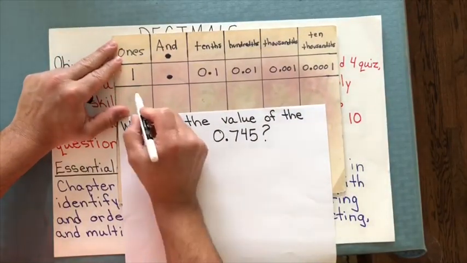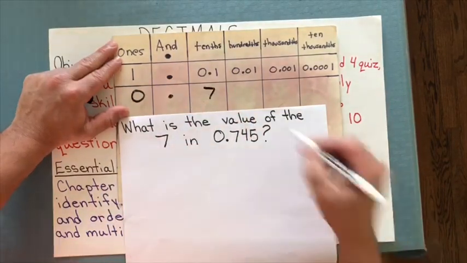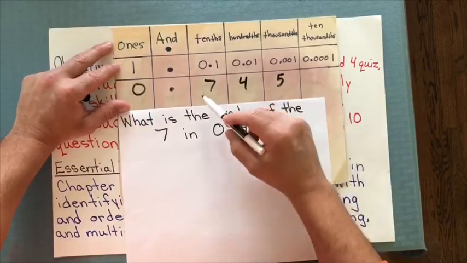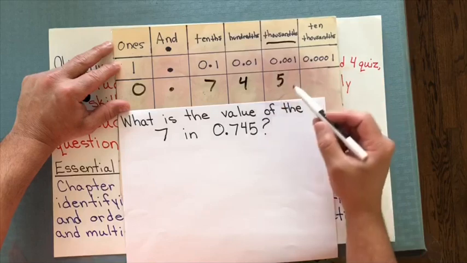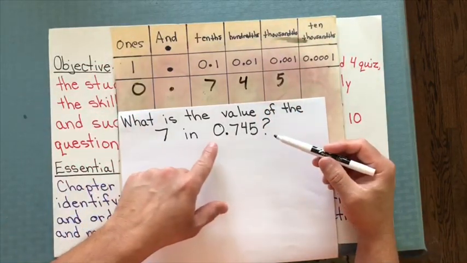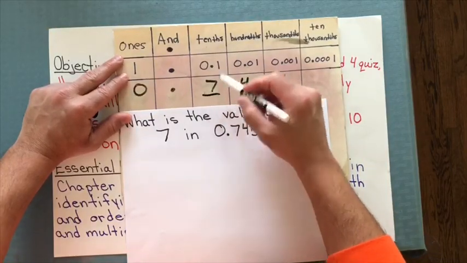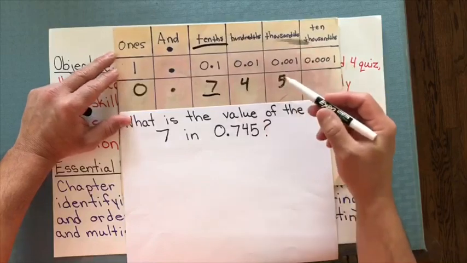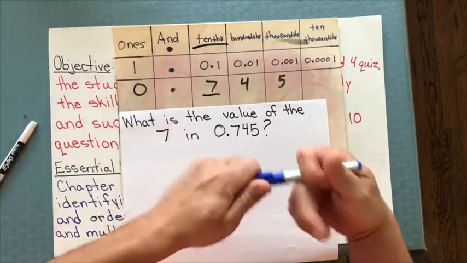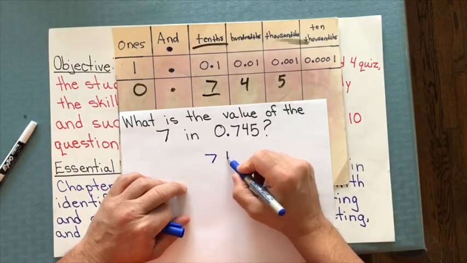So we have 0, a decimal point, 745. So we have 745 thousandths. Now, the question is, what is the value of the 7? Well, if you look at the decimal place value chart, the 7 is in the tenths spot. Therefore, the value of that 7 would be 7 tenths.